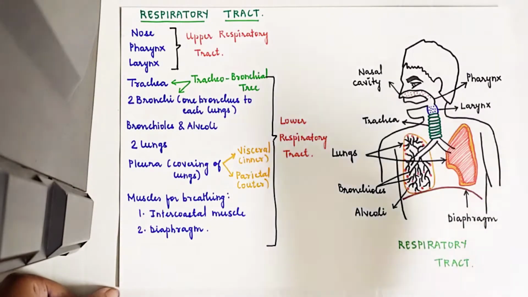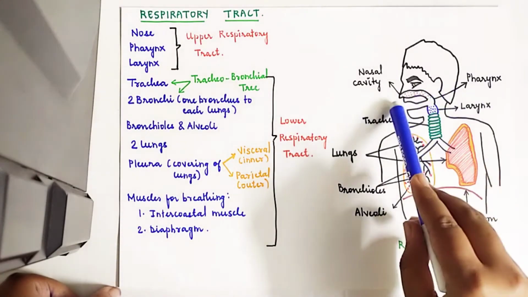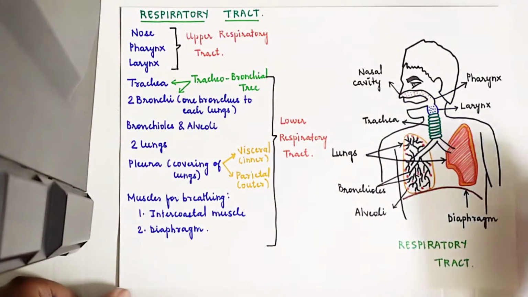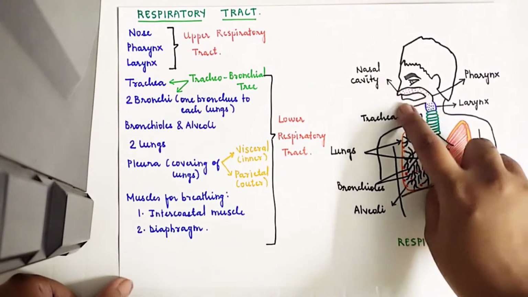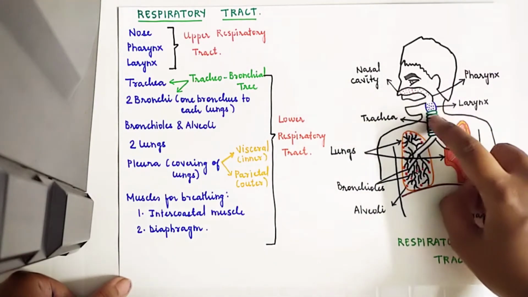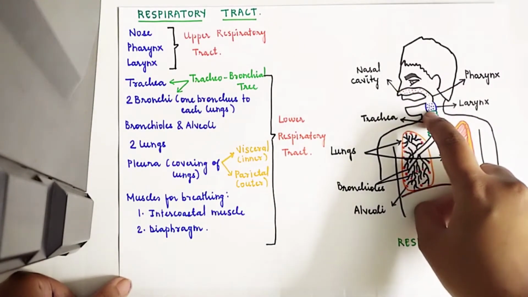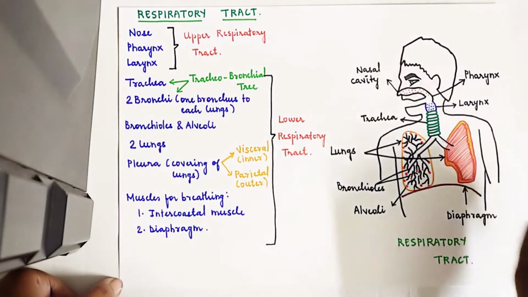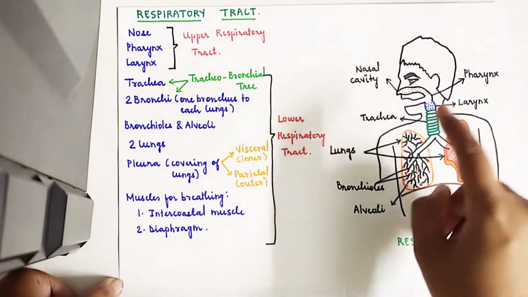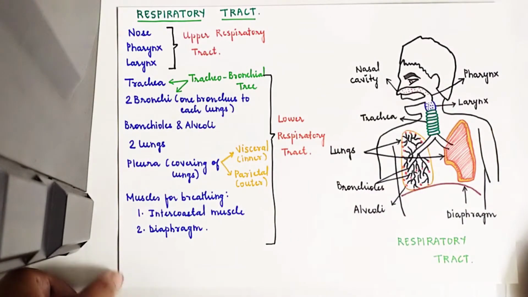So starting with the respiratory tract. The respiratory tract usually starts from the nose. This is the nasal cavity, this is the pharynx, this is the oral cavity, then this is the pharynx, then this is the larynx, also known as the voice box. Then this green portion is the trachea, also known as the windpipe.